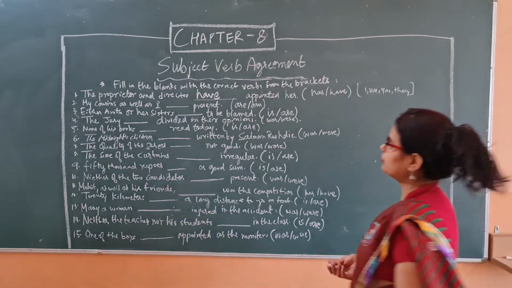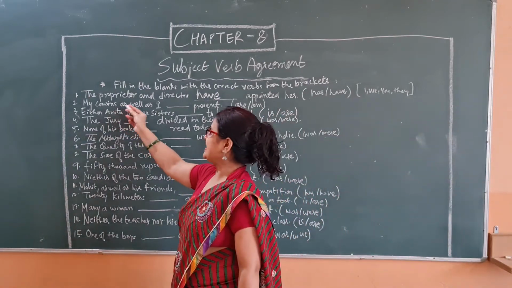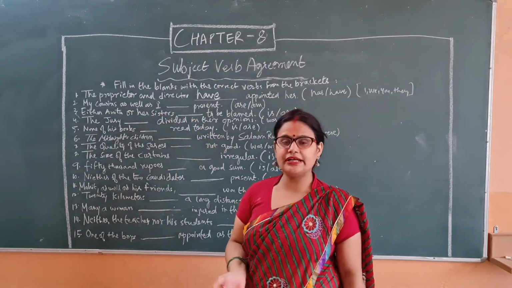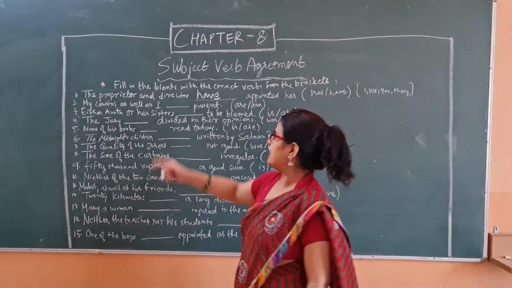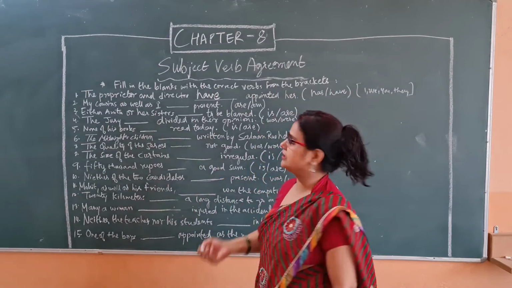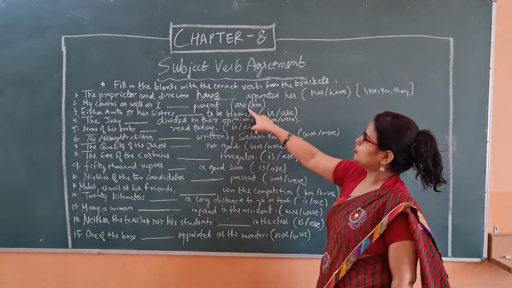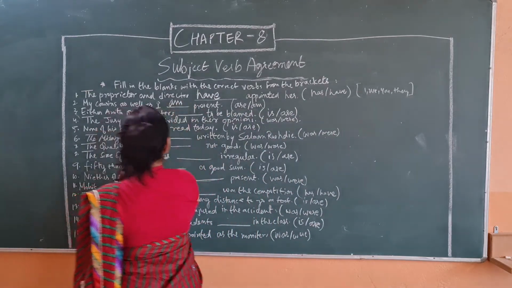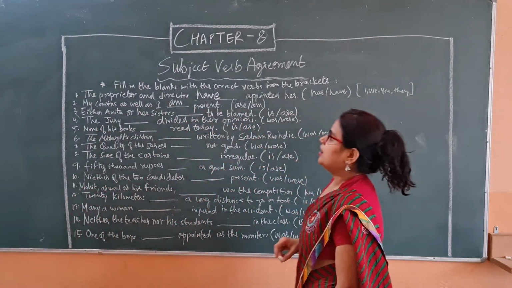So hope there will be no doubts. Now, my cousins as well as I. First of all, they have already told you to use a singular one, and I is already singular, so I cannot be used with are. It must go with am. So hope it is clear to you.